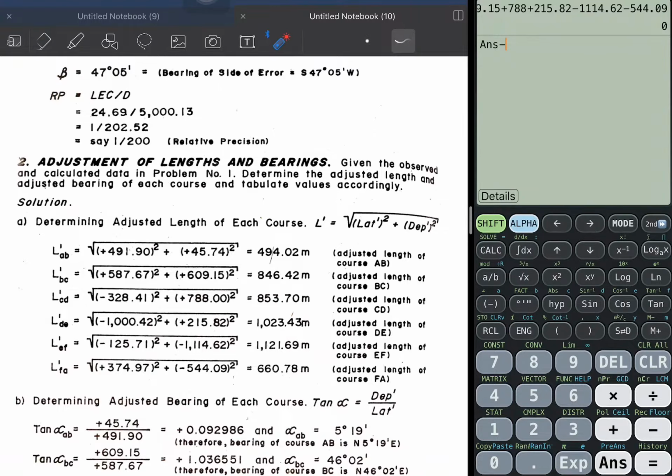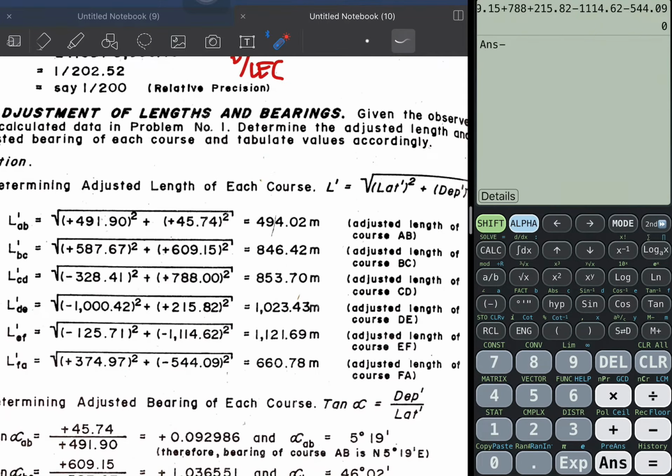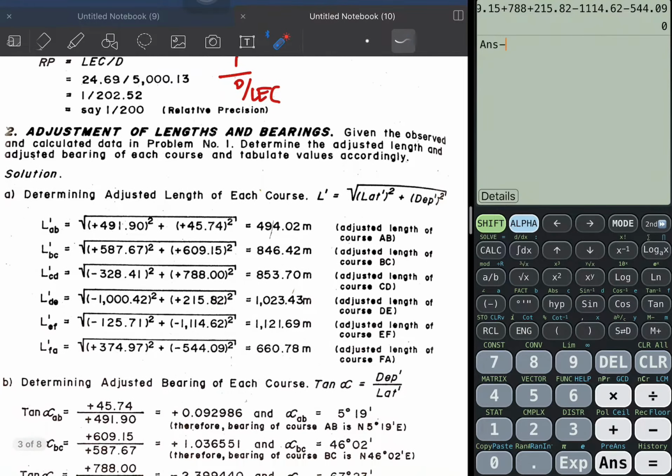Okay, and then for relative precision, you have this formula 1 over D over LEC. So the answer is 1 over 202.52, or you can have it rounded off to the nearest hundreds, that is 1 over 200.